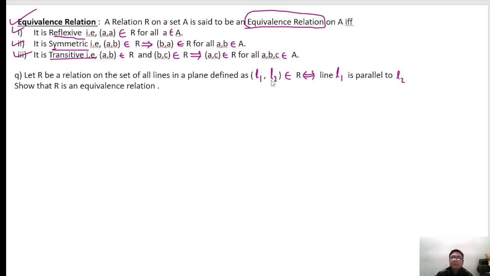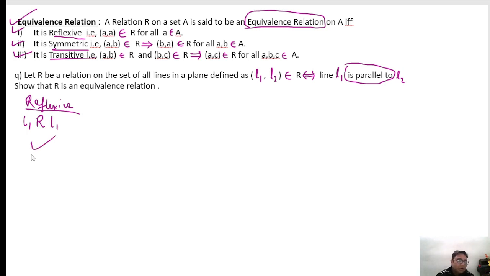L1, L, we are testing on the lines and the condition is parallel to. Okay. So first, reflexive. L1 is parallel to L1. Is it possible? Yes.